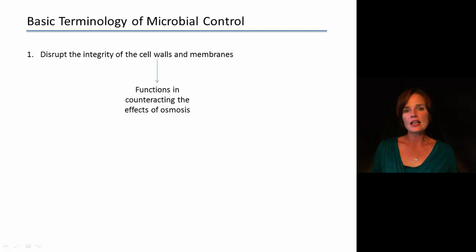What that means is that if water were to rush into the cell, that water rushing in would typically cause the cell to swell up. And without the presence of a cell wall, that could cause the entire cell to rupture, or what we would call lysis. That would be deadly for a cell, and the cell wall prevents that. But if we disrupt the integrity of the cell wall, then too much water may actually go in, and you could get a ruptured cell.